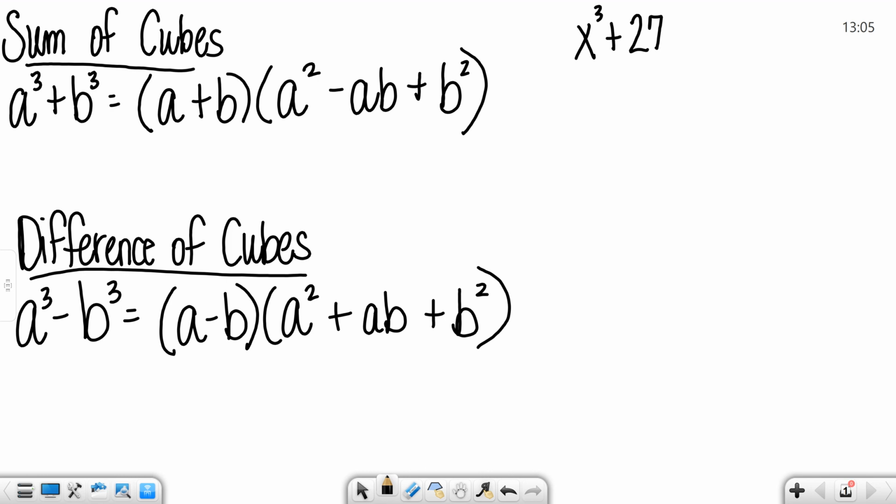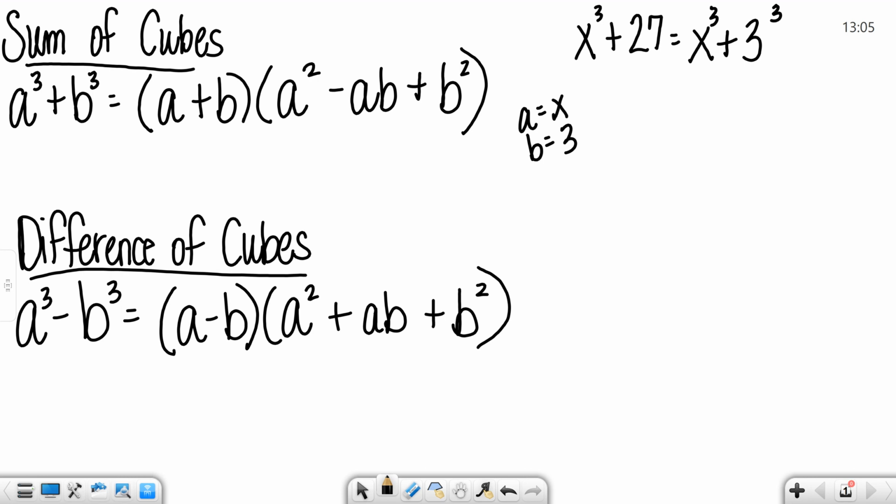Our A value in this particular problem is X. Our B value here is not 27, because we need to think of this as what thing is being cubed to give me 27. Well, 3 cubed is 27. So my b value is 3. My a value is x, and my b value is 3.